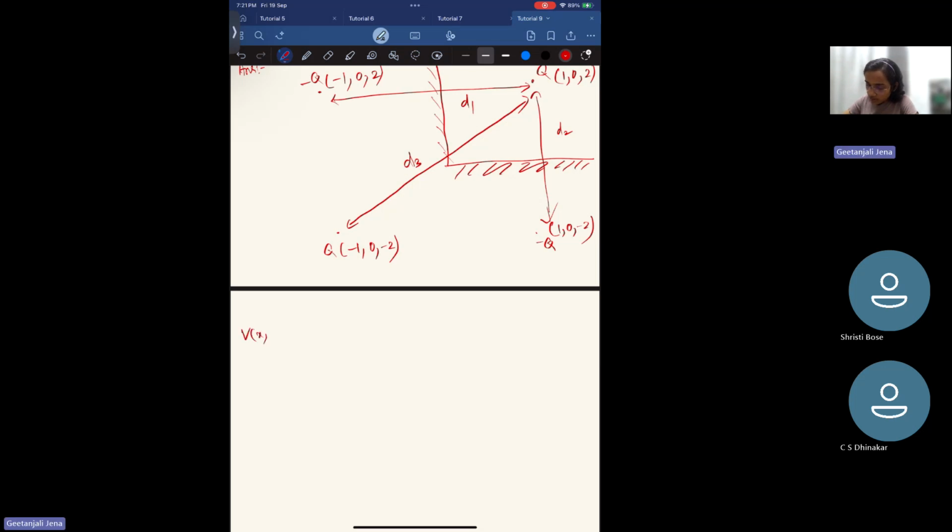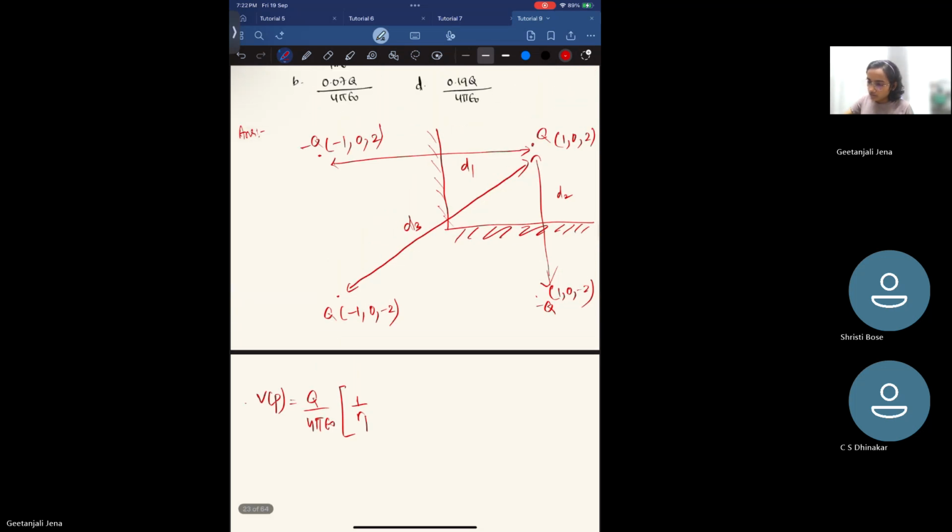So the potential at the point P that we want to calculate is Q by 4 pi epsilon naught times 1 by R1. Let us denote the points by some letters.